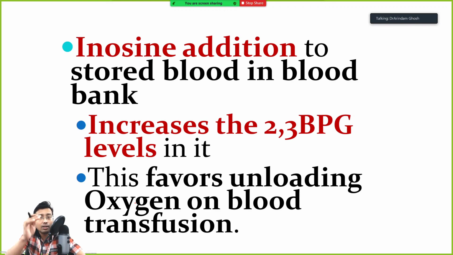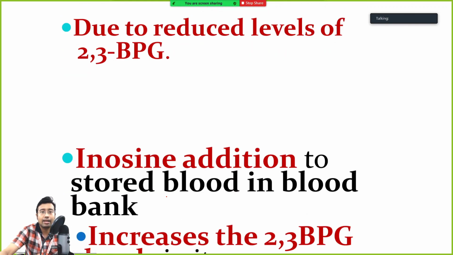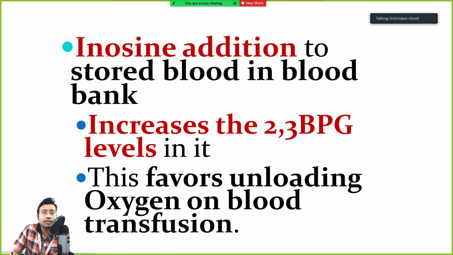Additionally, in order to counter this reduction of 2,3-BPG, we add inosine in blood. Okay, so inosine addition in storage blood bank increases the 2,3-BPG levels in it. So whenever we need oxygen unloading, this is a contraindication to what we are doing in thalassemia.